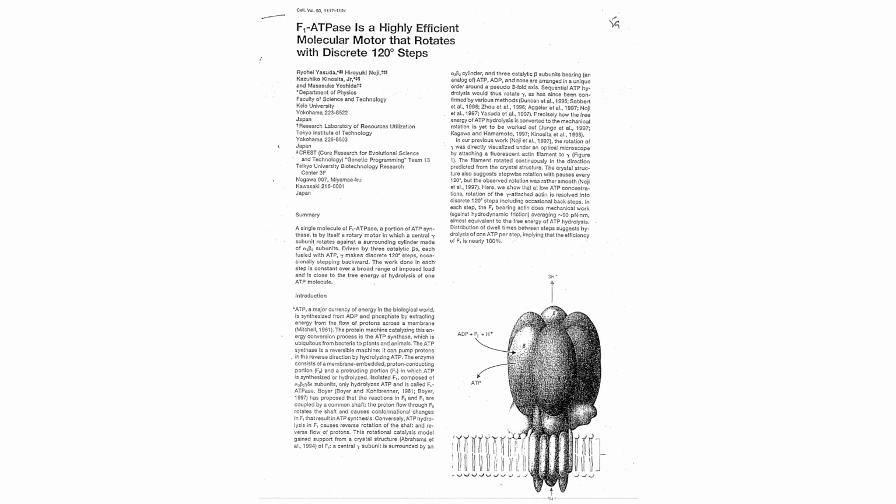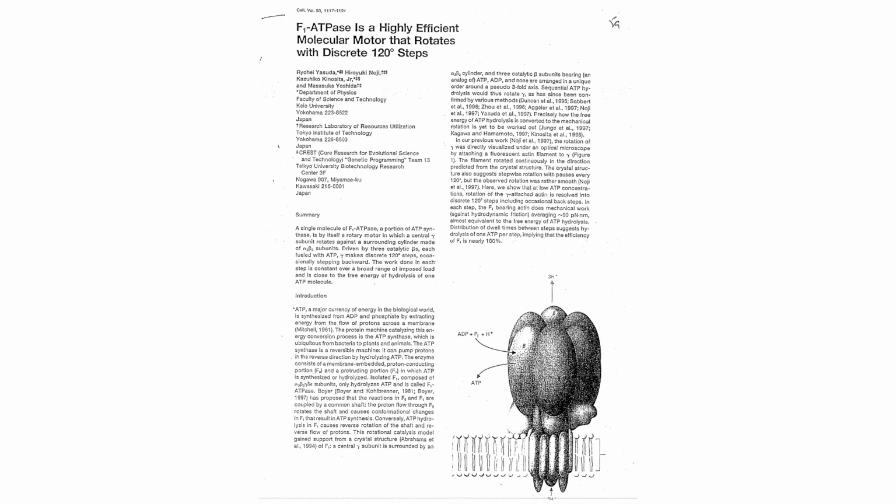The ATP synthase is a reversible machine. It can pump protons in the reverse direction by hydrolyzing ATP." So it's remarkable, and the fact that the mitochondria takes advantage of that reversibility makes the ATP that we need for all the functions of the cell.